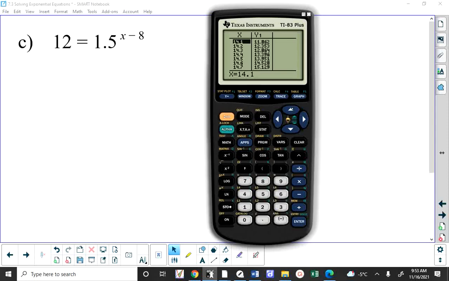Let's just go to one more decimal place and then call it quits. Let's start at 14.1 and go up by 0.01. Remember, I'm looking for 12. Man, that's pretty close, 12.007. So we can say x equals approximately 14.13.